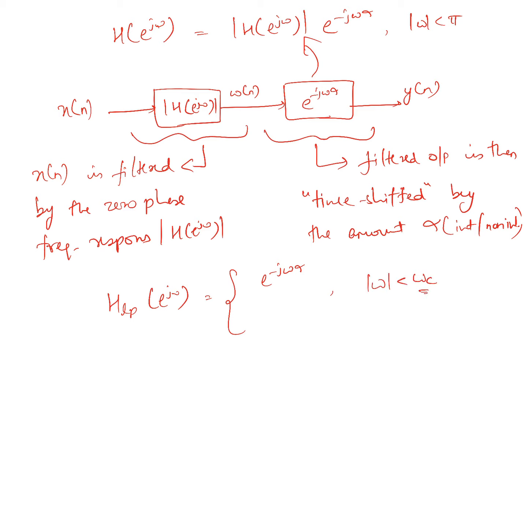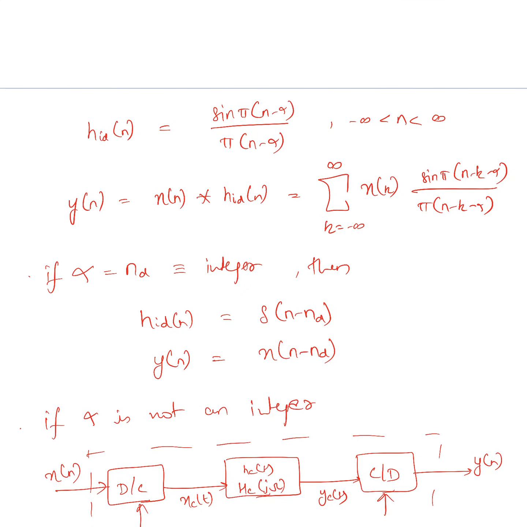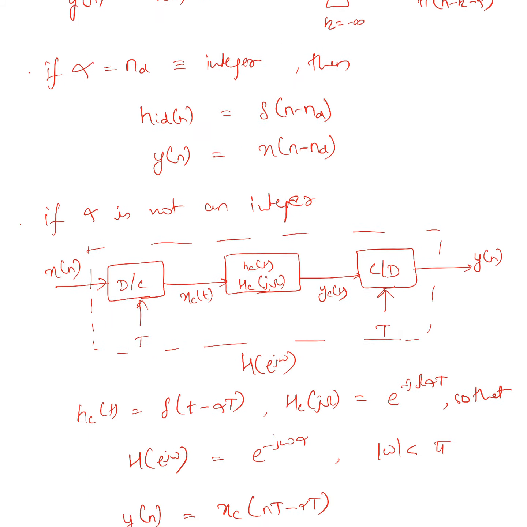So here we have introduced some cutoff frequency instead of π, and a 0 for ω_c < |ω| ≤ π. Right? In the time domain, h_LP[n] can be defined as sin(ω_c(n − α)) / (π(n − α)). So here if I put ω_c equal to π, you will obtain the ideal delay.